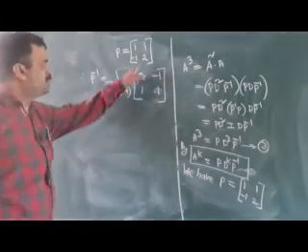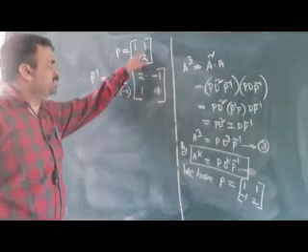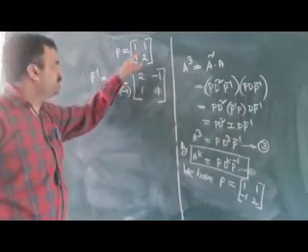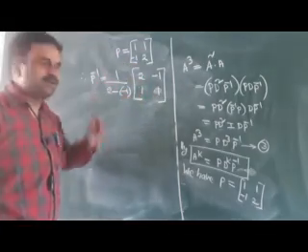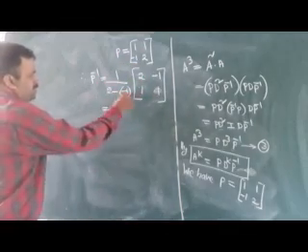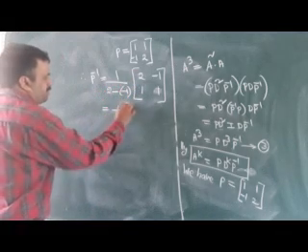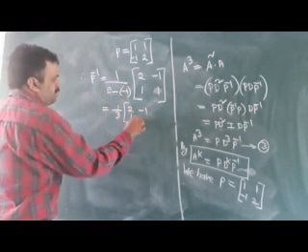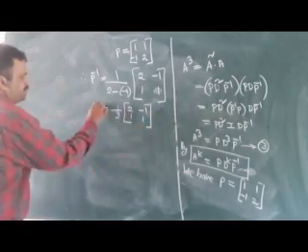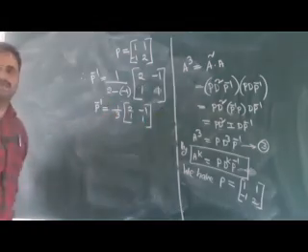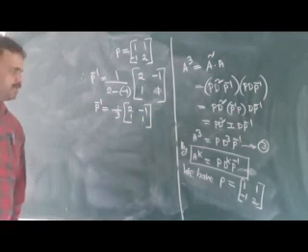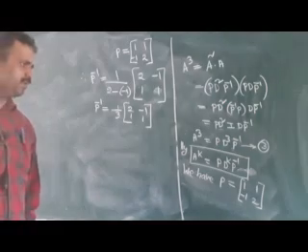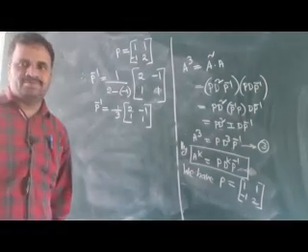Simplify it: 2 plus 1 is 3. So 1 by 3 times [2 -1; 1 1] is the answer. This is P inverse.